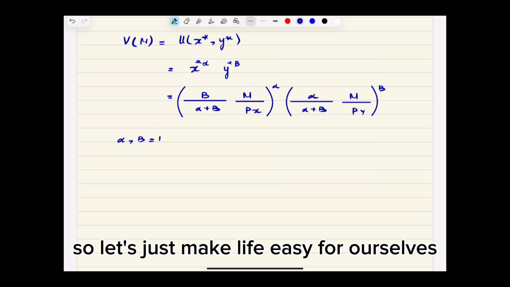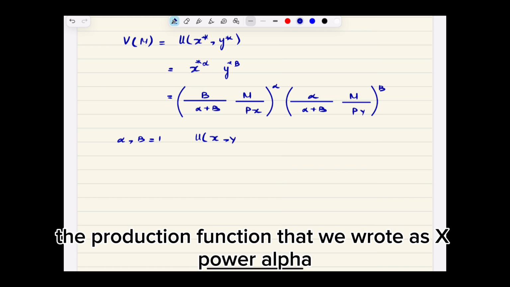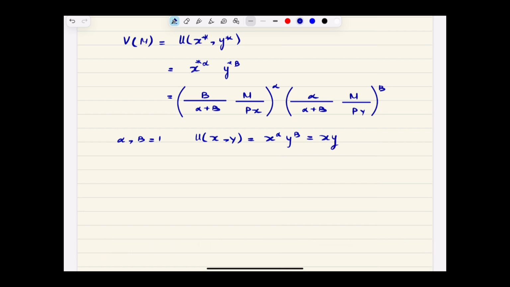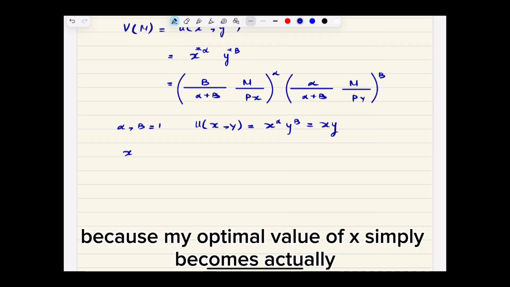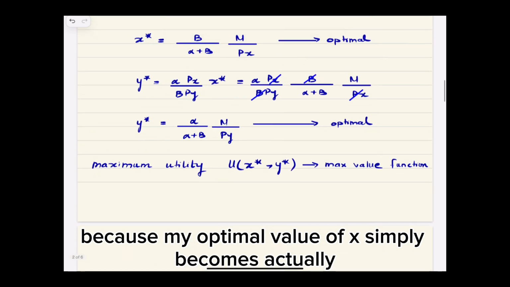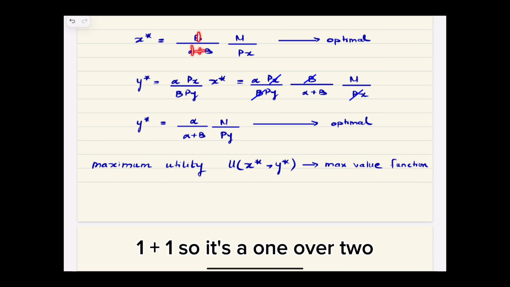So let's just make life easy for ourselves and assume that the production function that we wrote as x power alpha and y power beta is just simply x into y. Which basically makes things easier for us, because my optimal value of x simply becomes, actually we don't need to do this, 1 plus 1, so it's 1 over 2.